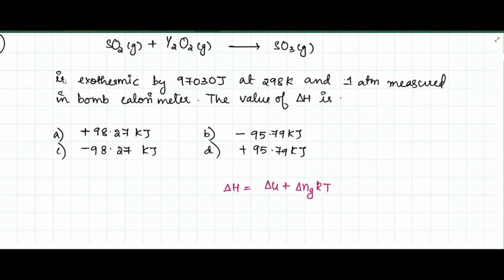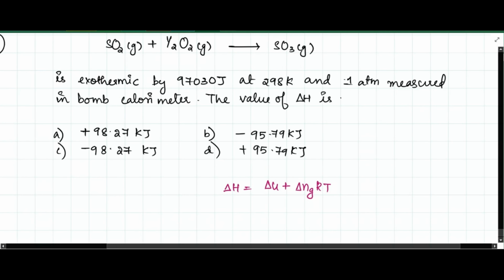So what is given to you? It says that this much heat has to be released as exothermic. Now see, what is given is a reaction with oxygen, which is combustion. Always understand that combustion means heat will be released from the system. Here SO2 plus half O2 forms SO3, and it is written as exothermic. Exothermic means that heat is released from the system. So what is given here is the value of Q, which is negative.